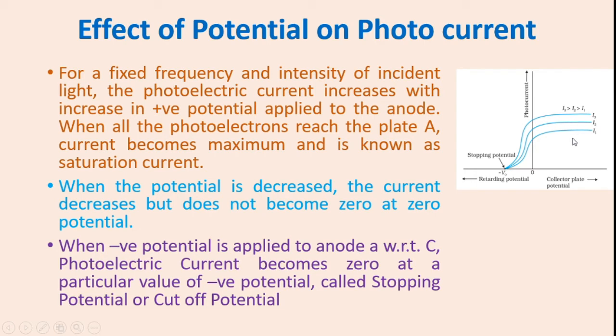If we do not change the frequency of the incident light and change the intensity of light, then there will be no change in stopping potential. The stopping potential will remain the same.